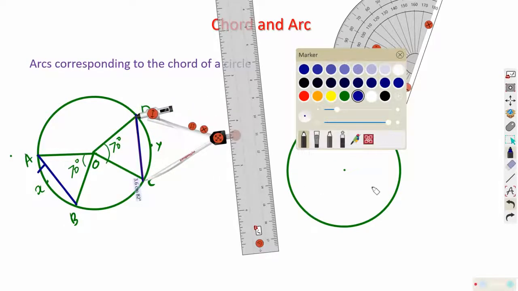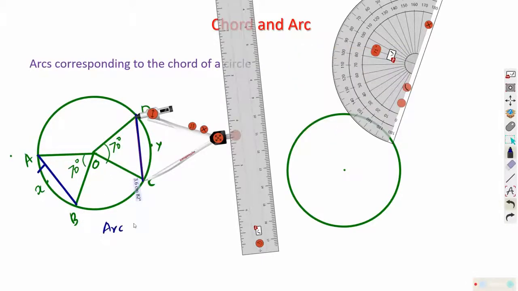From this, we need to conclude that the corresponding arcs, arc AXB and arc CYD, have equal chords, because the central angle is equal, or the measure of the arc is 70 degrees. So we got a conclusion out of it.